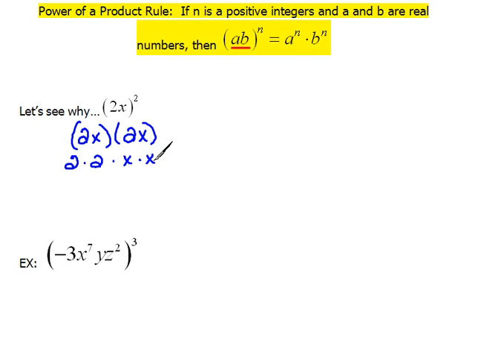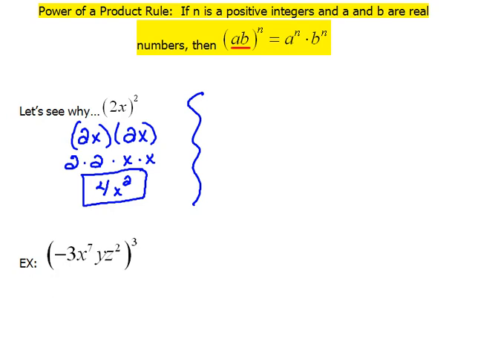So I could rearrange the order of this multiplication. And now we could say, well, 2 times 2, that's 4, and x times x is x squared. So whenever we raise 2x to the second power, we end up with an answer of 4x squared.